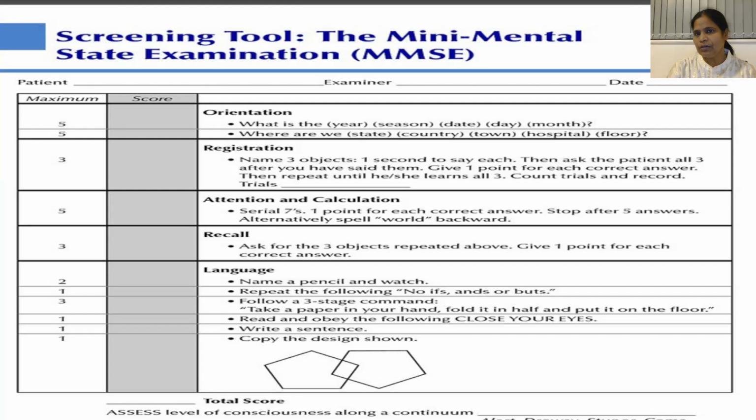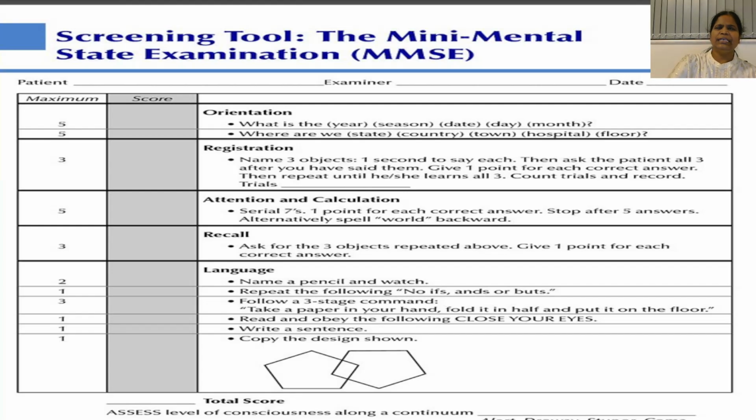The uses of the mini mental status examination are that it identifies if a person is having any dementia at an earlier level, and it also measures some aspects like orientation, attention and concentration, memory, language, comprehension. These aspects are measured in this tool.